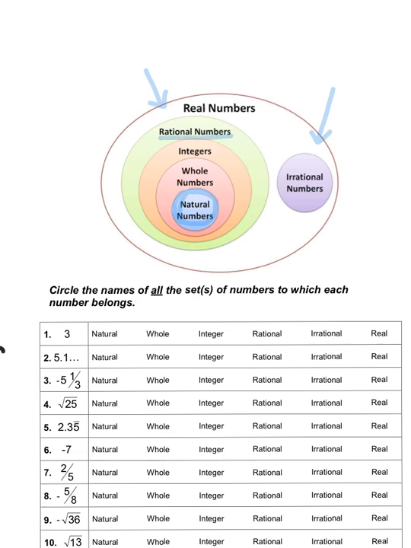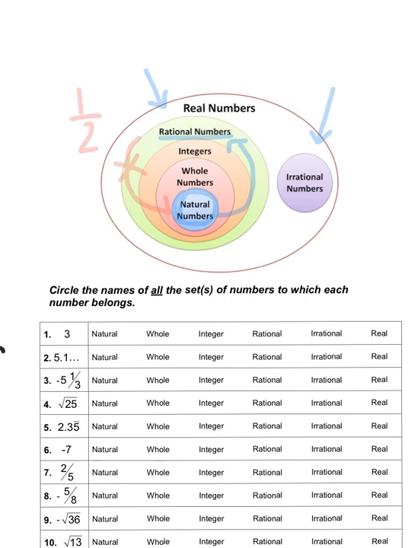So all natural numbers are rational numbers. However, not all rational numbers are natural numbers, because 1/2 is a fraction, and there are no fractions in the natural numbers. Keep that in mind as we go forward.